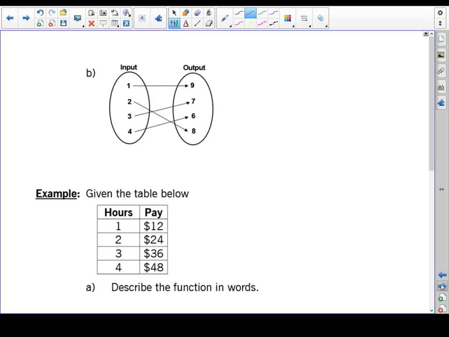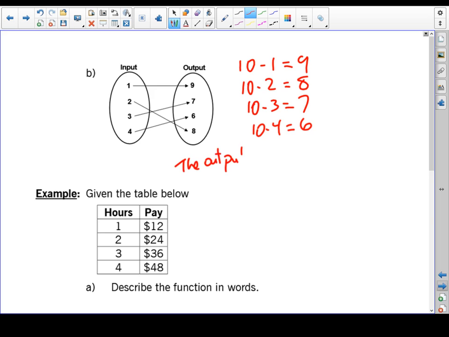So let me do the big reveal here. Ten minus the input is the output. So the output is the input subtracted from 10.